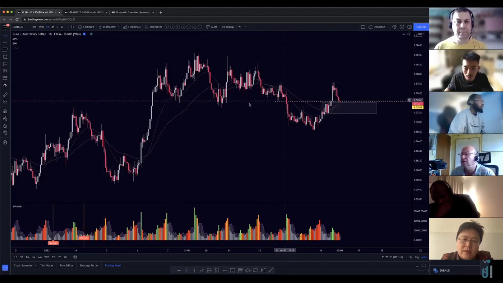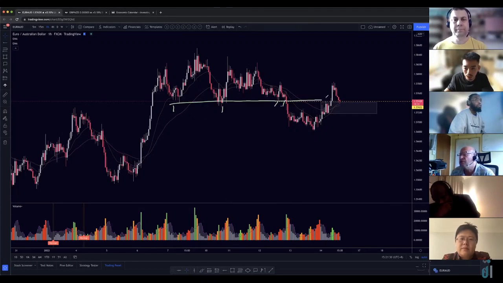This one, all this low. It's like a clear SNR, a clear level to release, and then it tried and failed. So this shows a little bit more of the fact that because it's so clear, I'm sure everyone would think that it's a sell, and then they got trapped.